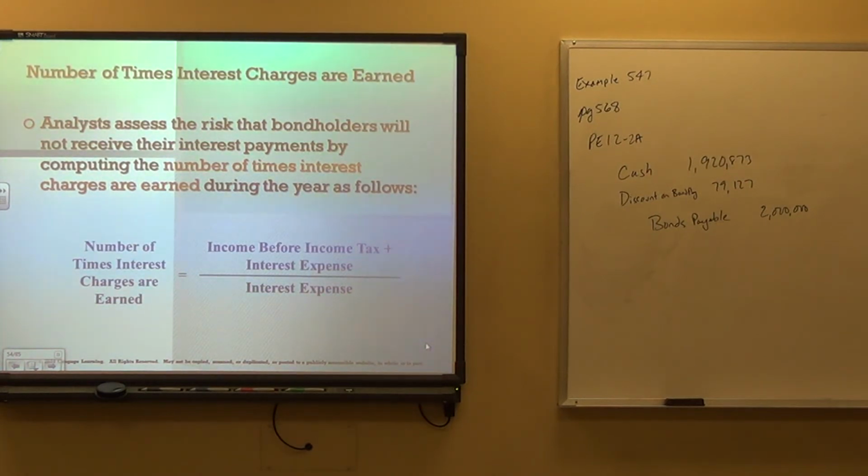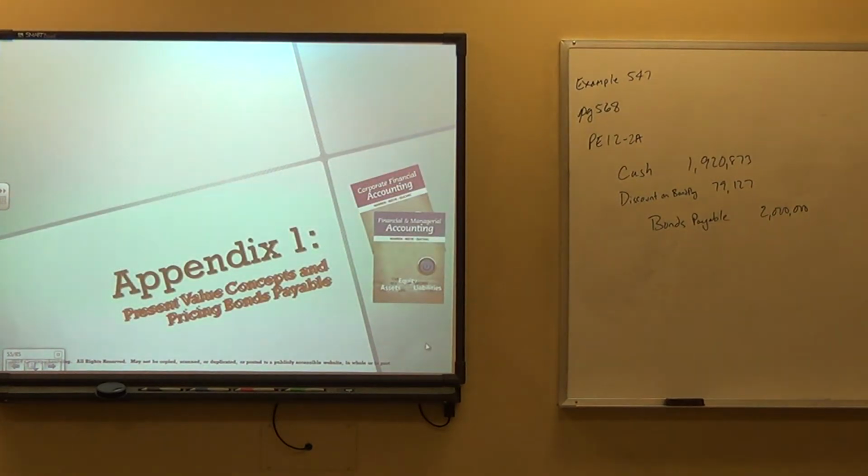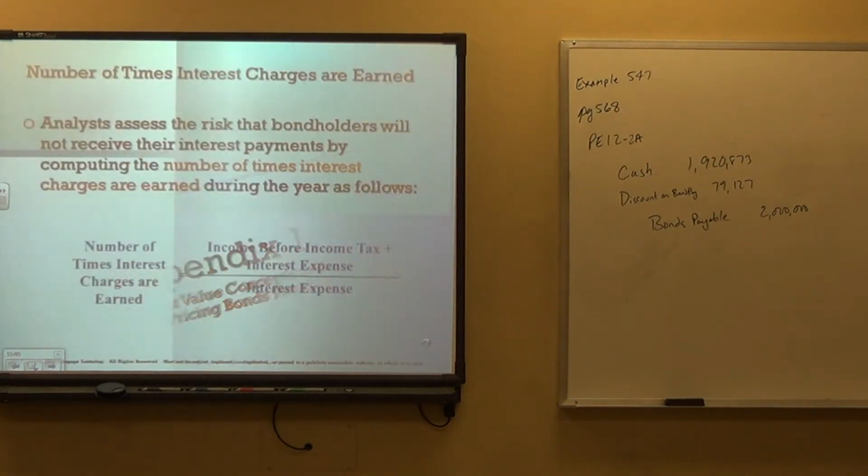What that tells me is basically the risk bondholders are going to be taking on. And we will compare these against other companies too. That's some of the things they use for ratings. There are a lot of other things they use for ratings too, taking a look at the assets and liabilities that you have out there, which you have done in the past. So let's take a look at a problem here.